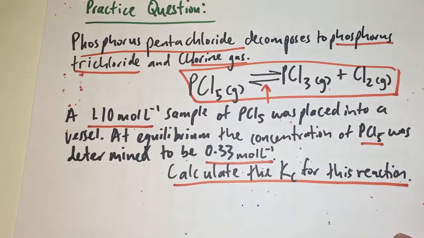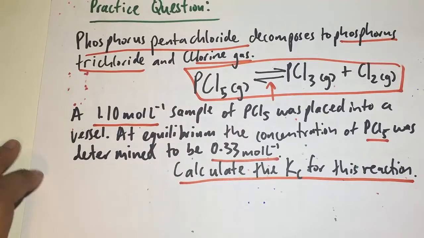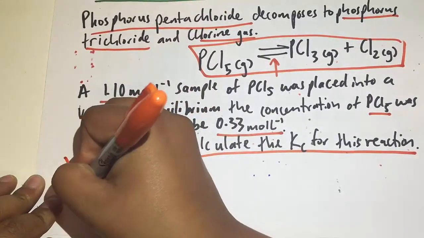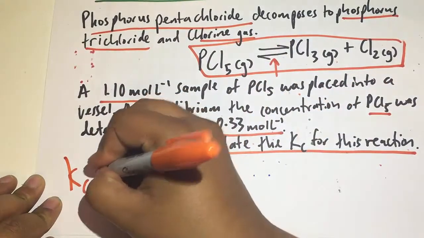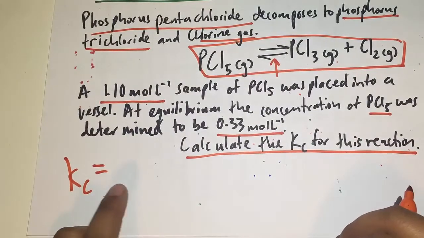Now the question is, calculate the Kc for this reaction. Remember, we have to work out our equilibrium expression, but the idea is that the equilibrium constant expression, Kc, has to deal with the concentration of the products and reactants at equilibrium.